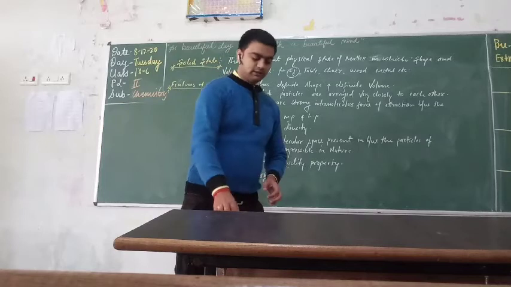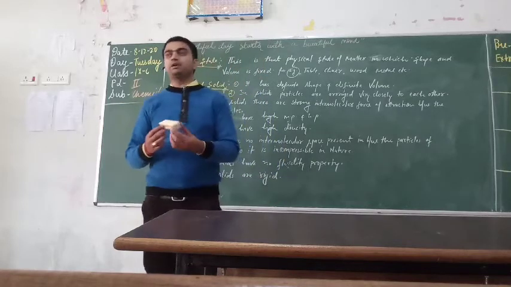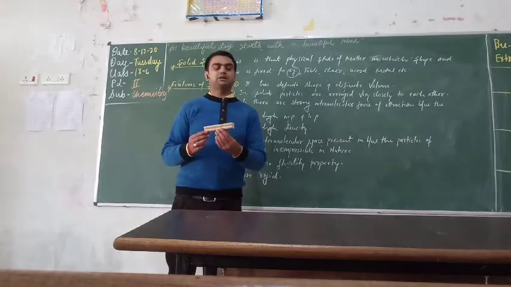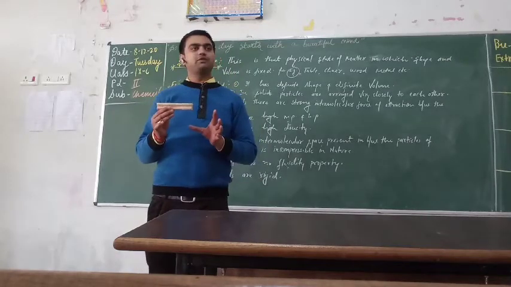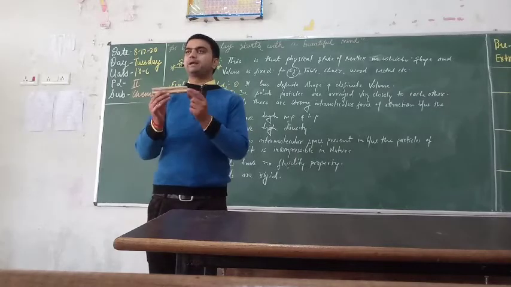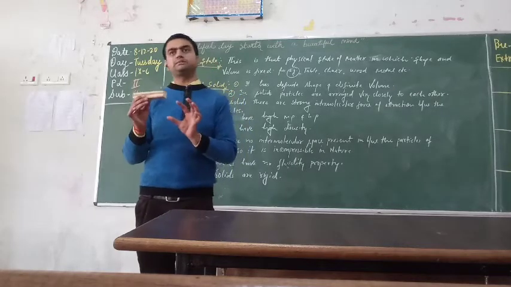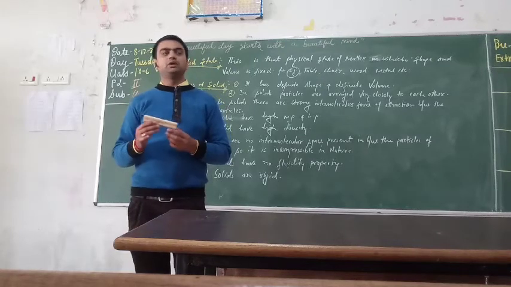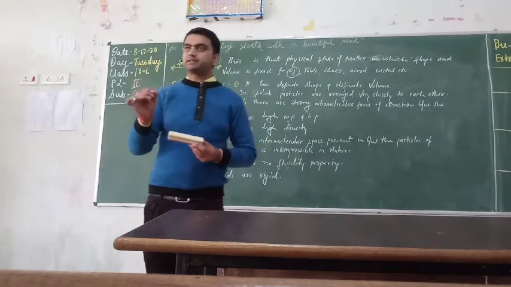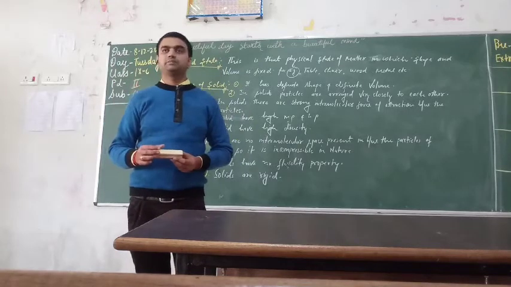Clear? Suppose this is a duster. When we take this duster as an example, this duster has a definite shape and definite volume because the length, breadth and height are already mentioned here. It will not change. Clear? So every solid has definite shape and definite volume. Clear?